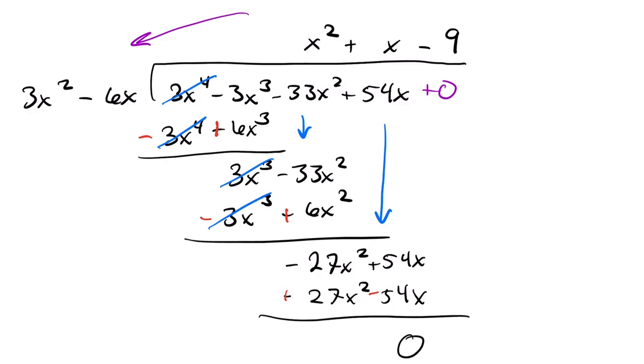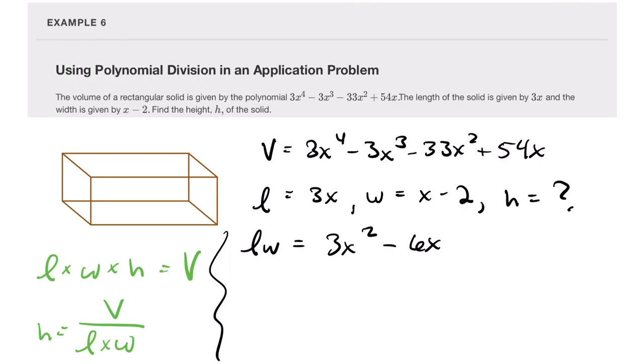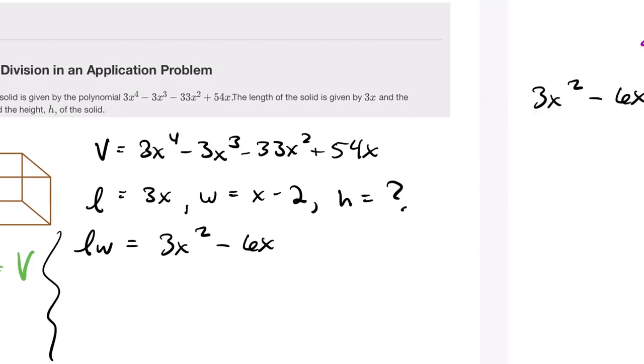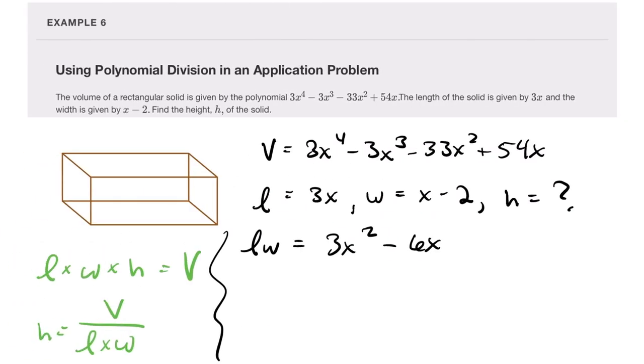And I think these add to 0. Okay, I think we're done. Now let's go back to the question. So we got that the height equals x squared plus x minus 9.